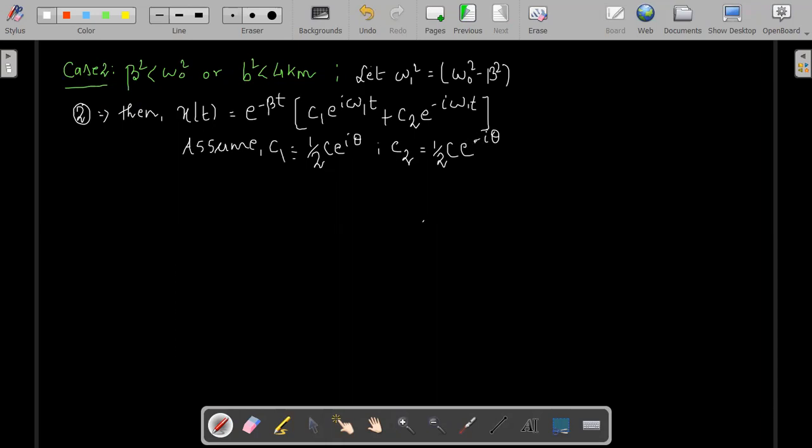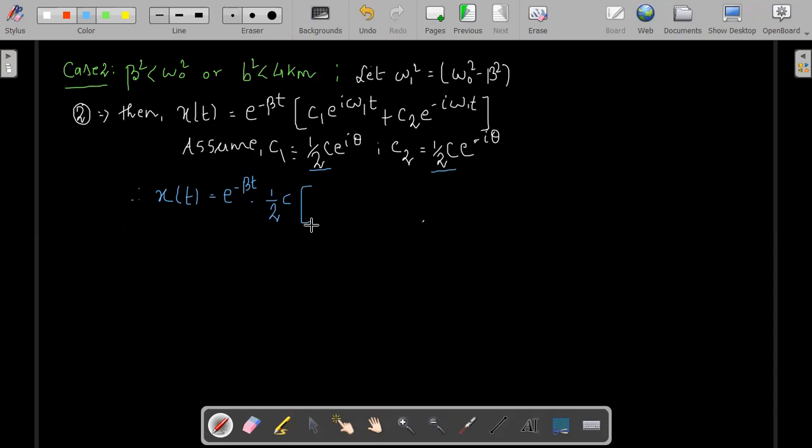Now, as you can guess, we are going to replace this c1 and c2 here, and let's see what form we are getting. Therefore, x(t) is equal to e to the power minus beta t, which remains the same. We have c1, c2. The common term is half c in both cases, so let me take half c out of the bracket.